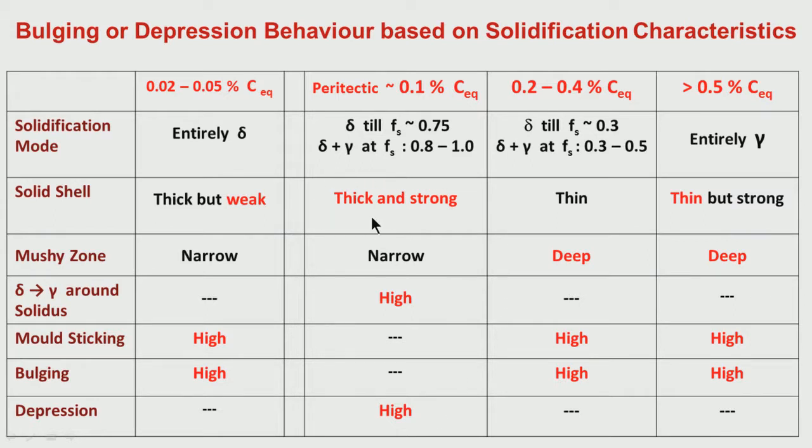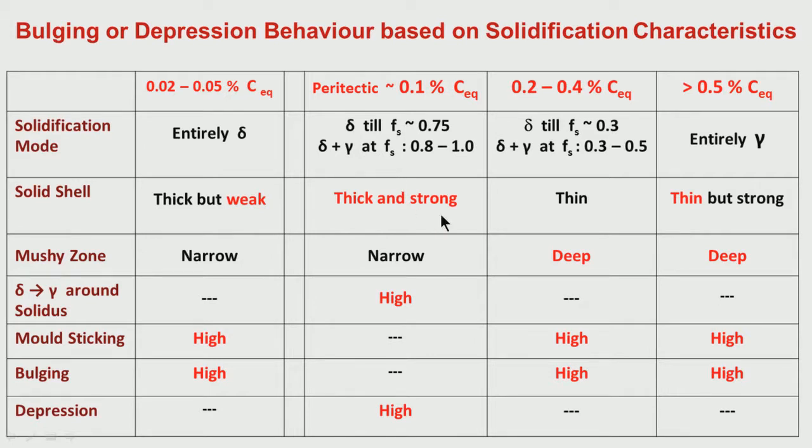So, we have a thick shell, and also at the end of the solidification, even at say 0.75 or around 0.8, austenite has started forming, and towards the end of solidification it is totally austenite. Therefore, towards the end of the solidification the solid shell is very thick and strong.